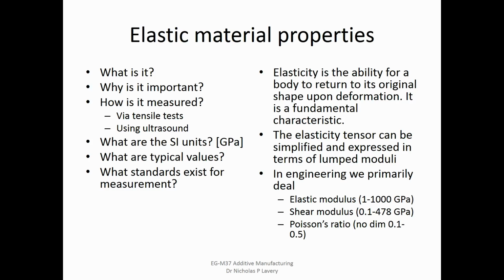So you can get elasticity properties from tensile tests, but they're not always the most reliable way of getting it. Compliance of the tensile testing machine means that you may have as much as 50%, 60% error in your elasticity measurements. You can use other things like ultrasound and also vibration tests, and they are sometimes more accurate.